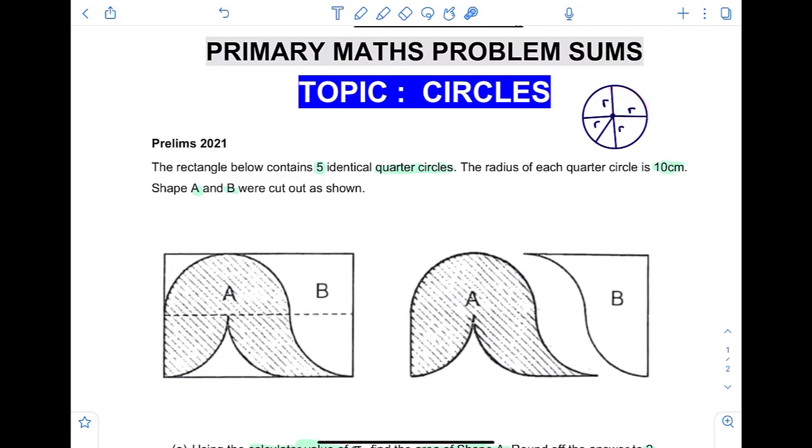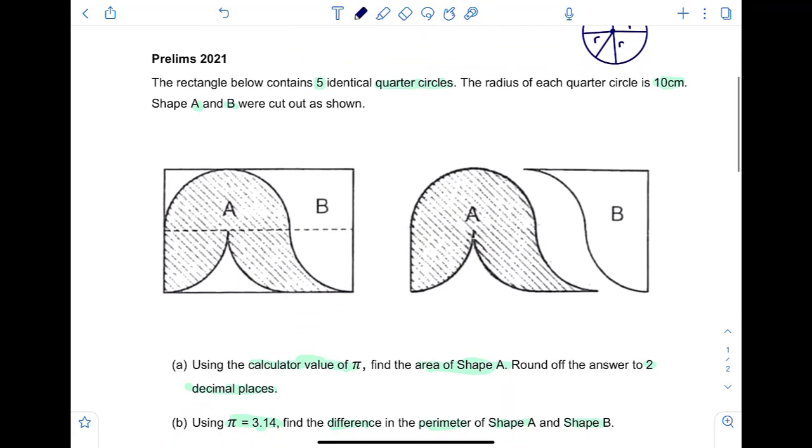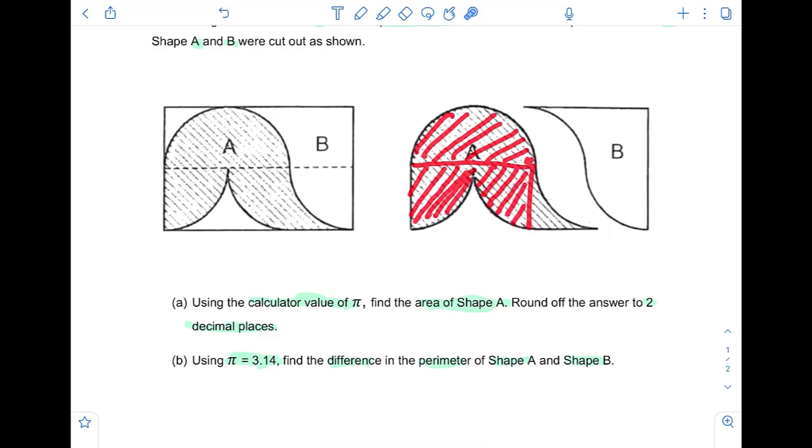Now, radius is 10. What is the area of shape A? Now shape A is over here. It's made up of one complete semicircle, and if you realize, this quarter circle plus this quarter circle right here will give you a nice semicircle.